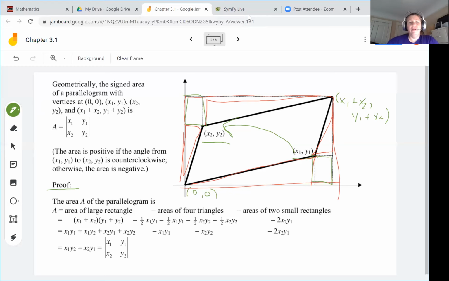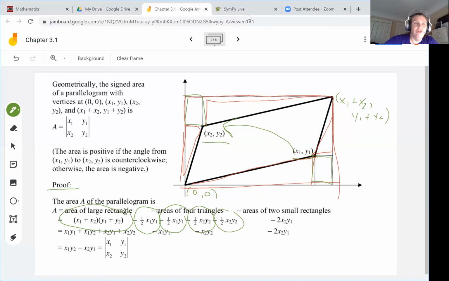So we know the area of the large rectangle is going to be the length of the longer side, the x1 plus x2, multiplied by the longer height, the y1 plus y2. And then we subtract out each of these four triangles. So half x1, y1, half x1, y1 again by symmetry, half x2, y2, and half x2, y2 again.